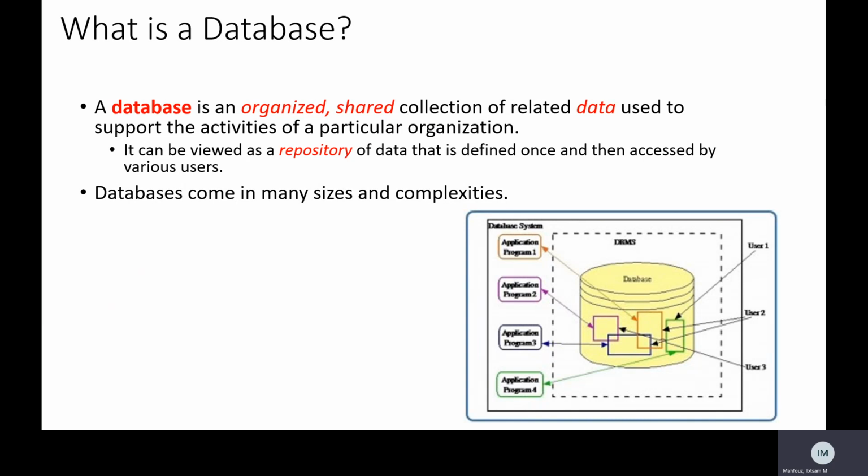So you might have a database of all your electronic devices and your equipment at home, like your fridge and your stove. Companies also might have databases, but their databases are probably more complex than your database at home of your just personal belongings.